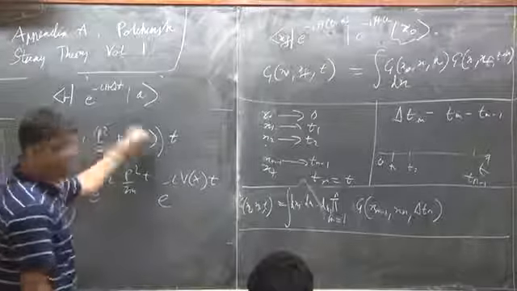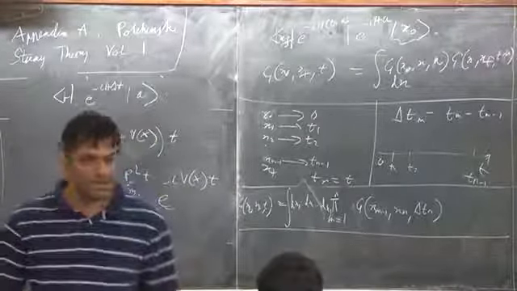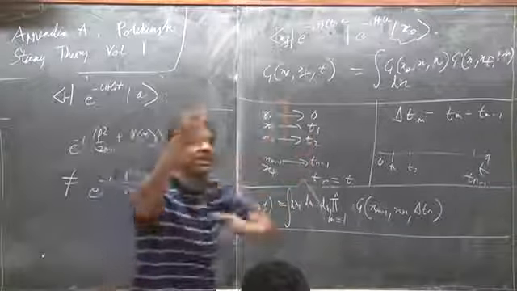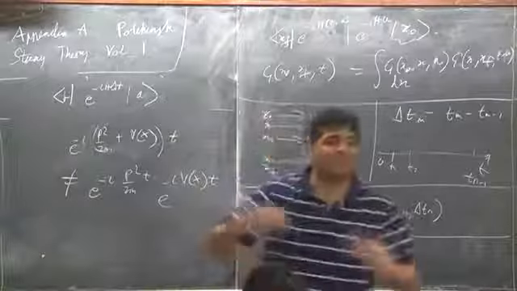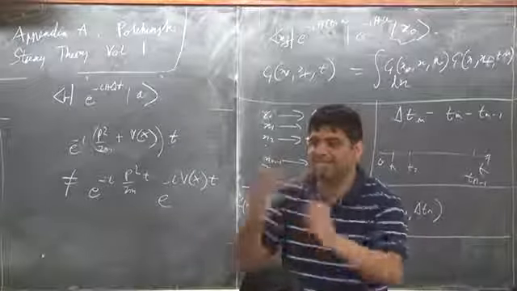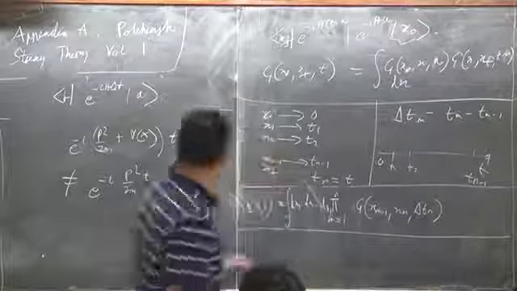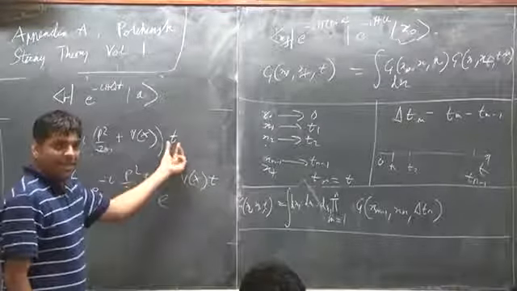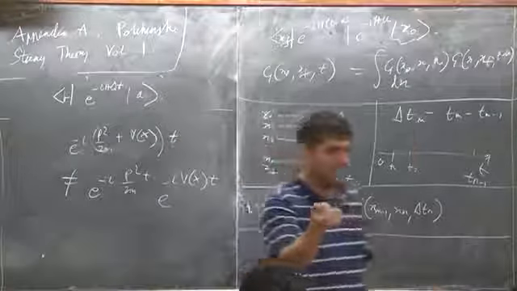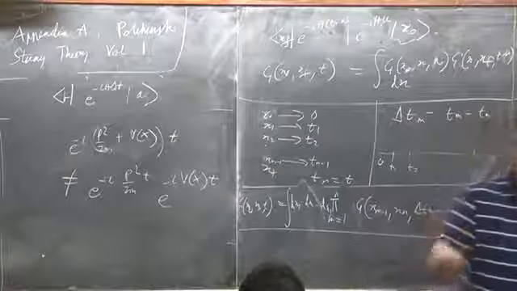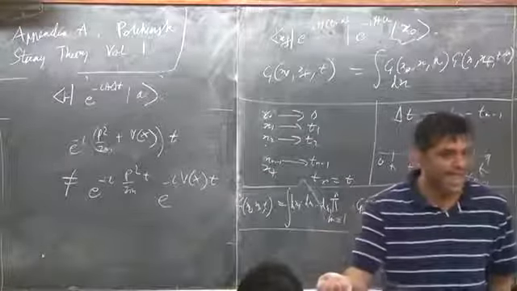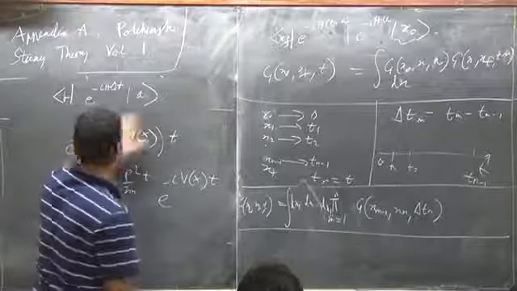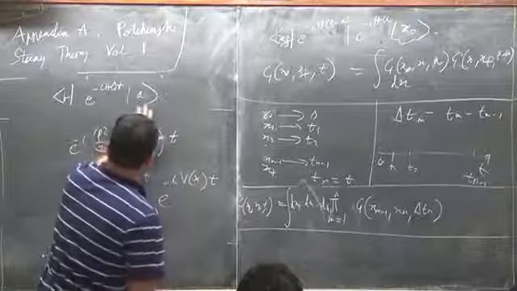The reason is that p squared and V of x do not commute. And this is what makes the finite evolution difficult to evaluate: the non-commuting nature of various operators. However, if this t was an infinitesimal, the lack of commutation is expressed by the Baker-Campbell-Hausdorff identity and involves the commutator of p squared by 2m times t with V of x times t.